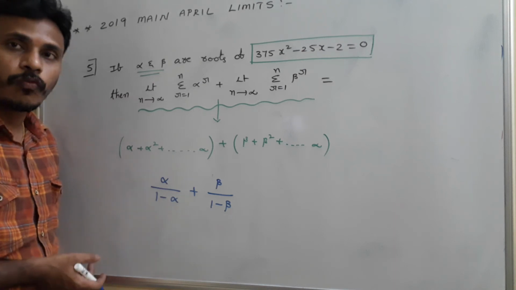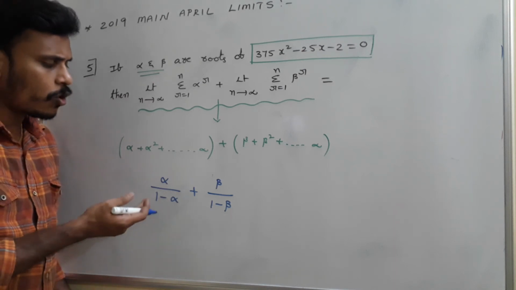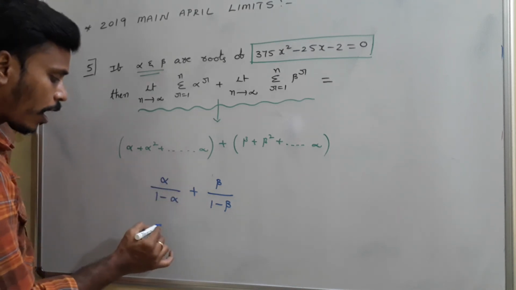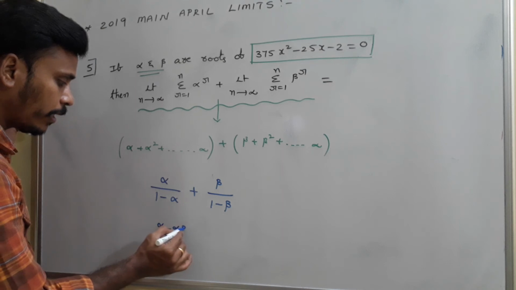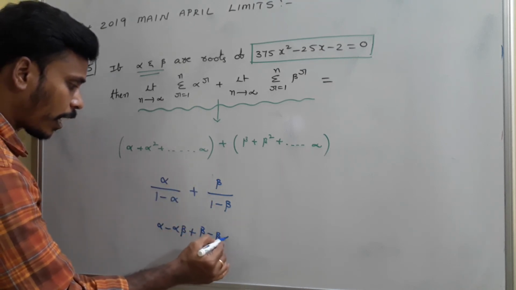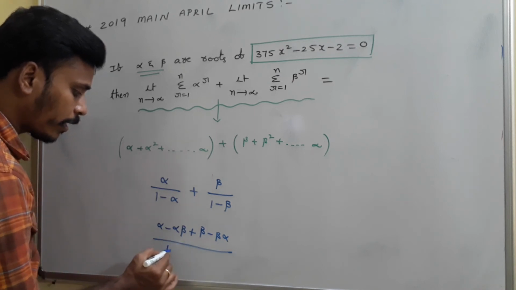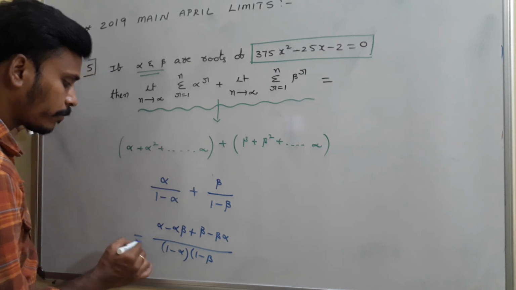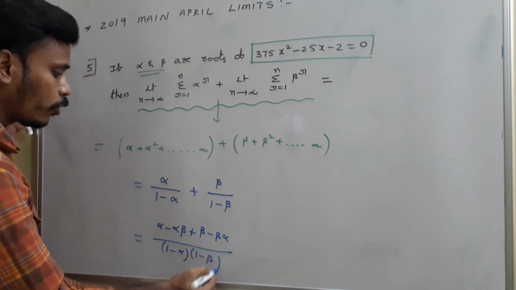Now our target is to find this particular value. So how can we calculate it? Just take the LCM. So alpha minus alpha beta plus beta minus beta alpha, divided by 1 minus alpha into 1 minus beta. So this particular value we need to find.